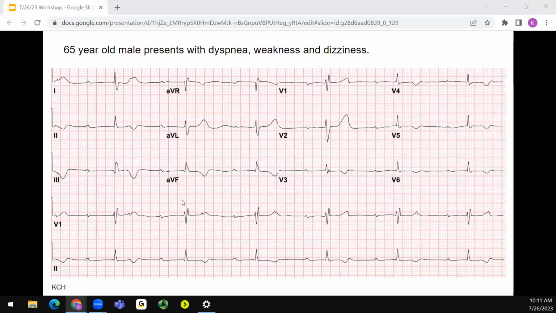All right, a 65-year-old male presents with dyspnea, weakness, and dizziness. So, widened QRS. What's the rate here? Slow, right? It's probably less than 40. Is this sinus rhythm?